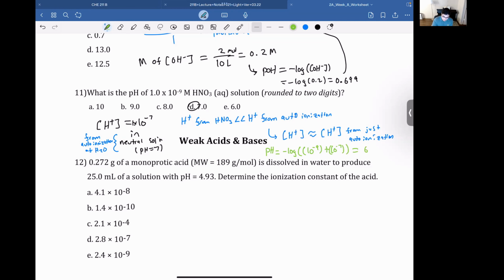And then this is 6.996, which is 7.0 to 2 digits, right? Where this is from HNO3, this is from H2O. Both are totally acceptable ways to go about it. This is honestly probably a better way to do it, but you intuitively know that concentration is negligible because you do this a lot, right? With other things, you don't consider the autoionization of water, like we have not been in the past few problems.